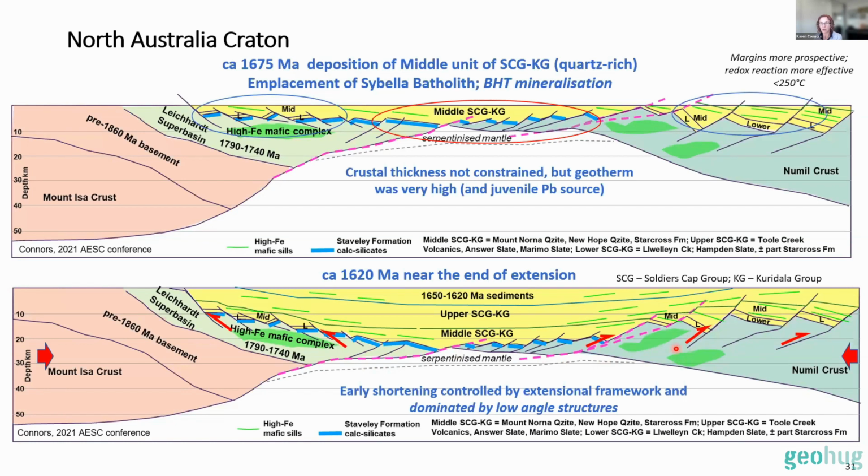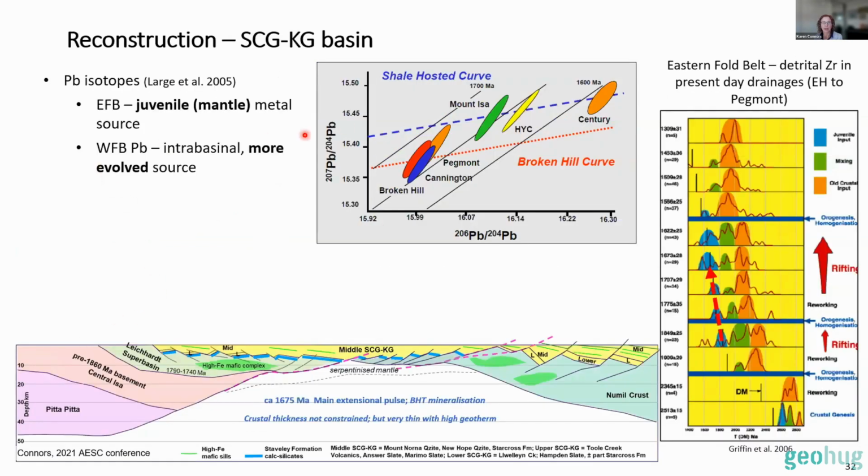So you're going to invert your normal faults, and then you're going to quickly end up with a room problem here. You end up with detachment forming and thrusting of a lot of this to the west over top of the Isa Craton, and then eventually the Numal crust is thrust underneath the thicker, more buoyant crust and lithosphere of the Mount Isa province. So that's my argument there.